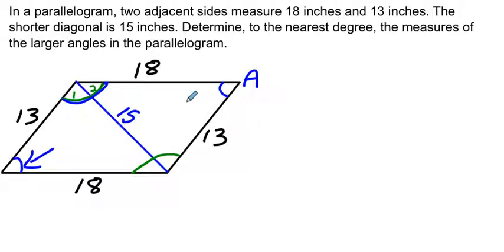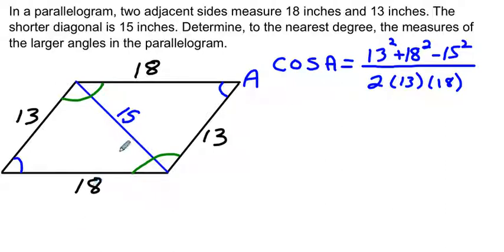So if we find angle A, let's say it ends up being 60 degrees, then automatically that means this angle, the larger angle, would be 120. So the easiest way to do this question is to find out what this angle is, and then from that find out what the larger angle is.